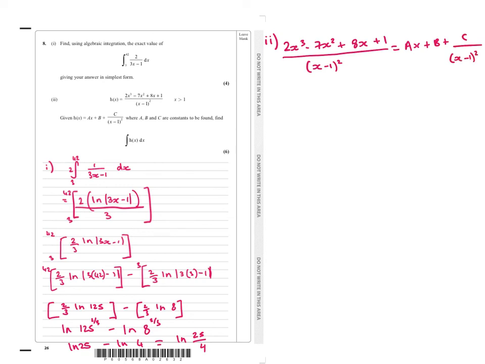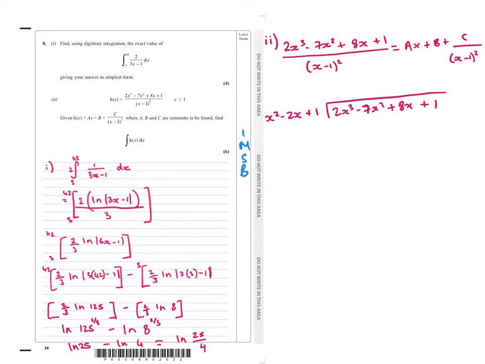So that means we're going to have x squared minus 2x plus 1 going into 2x cubed minus 7x squared plus 8x plus 1. Now, my favourite type of long division, the way we remember it, I'm a silly Billy: into, multiply, subtract, bring down, okay?